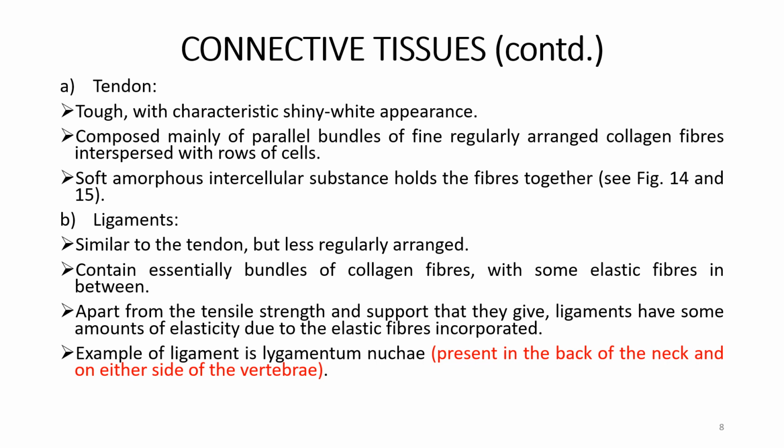Apart from the tensile strength and support which ligaments give, they have some amount of elasticity due to the elastic fibers they have. And you find them, for example, in the ligamentum nuchae present in the back of the neck and on either side of the vertebrae.